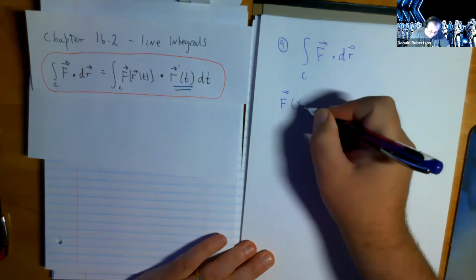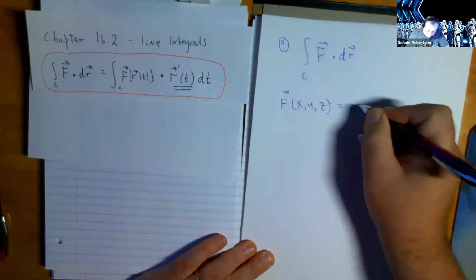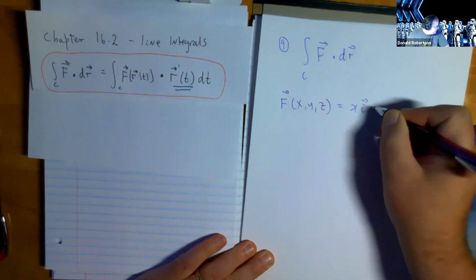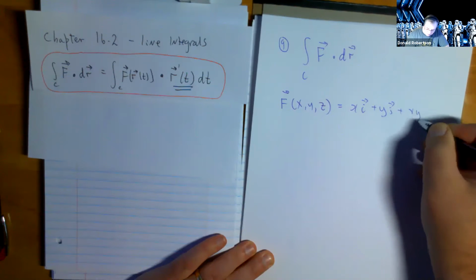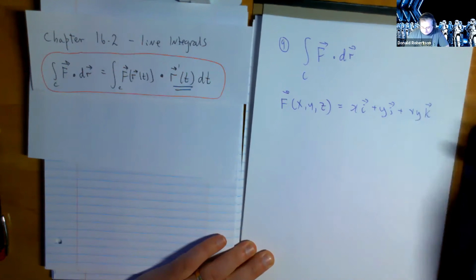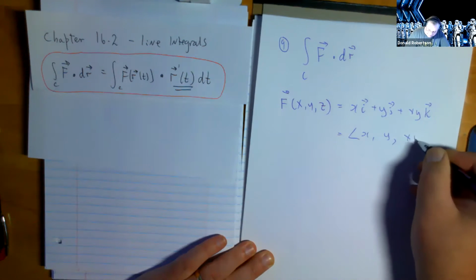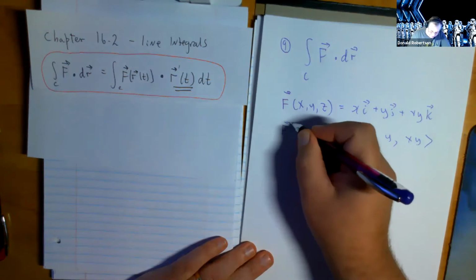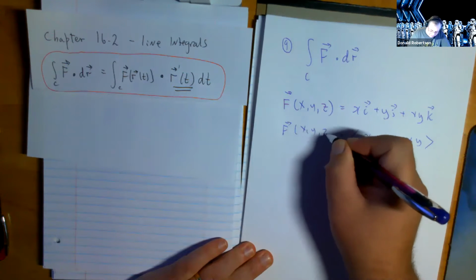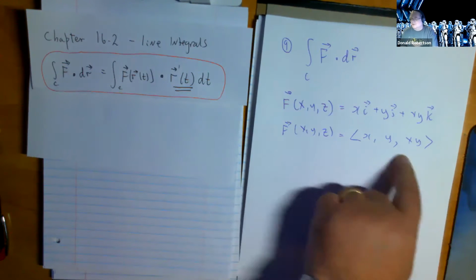They give you the vector function x, y, z, with the xi, the yj, and the xyk. I would call that x, y, and xy, because I make too many mistakes, and I make fewer mistakes when it's written that way.